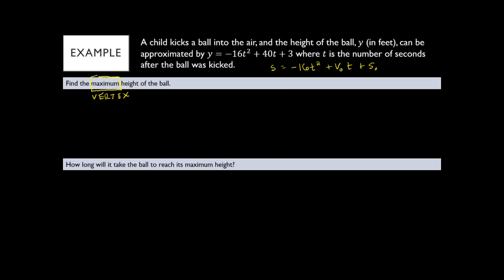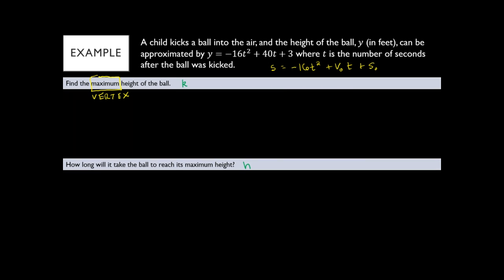And if it says to find the maximum height, height is the output. So this part is asking you to find k. But we need to find h in order to find k. So the second question, how long will it take for the ball to reach its maximum height? That is the input, that's t for time, and that is h.